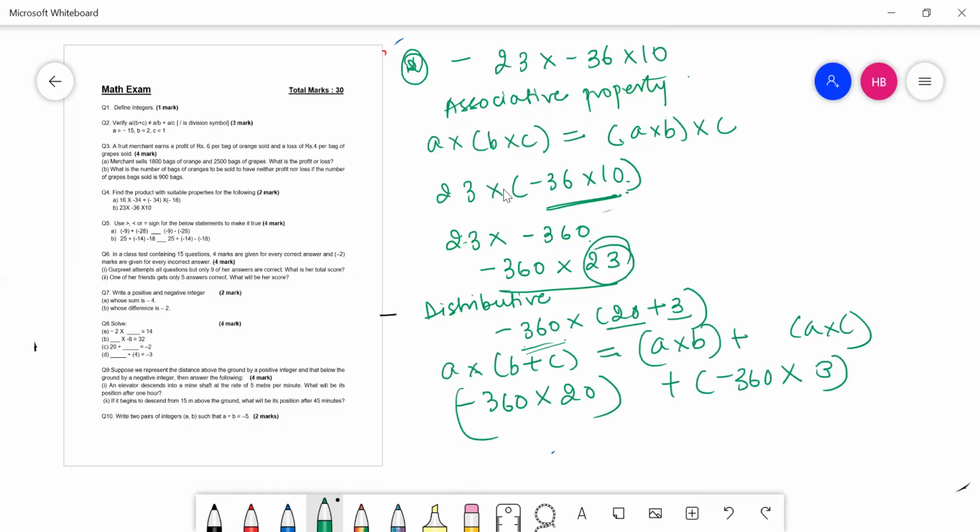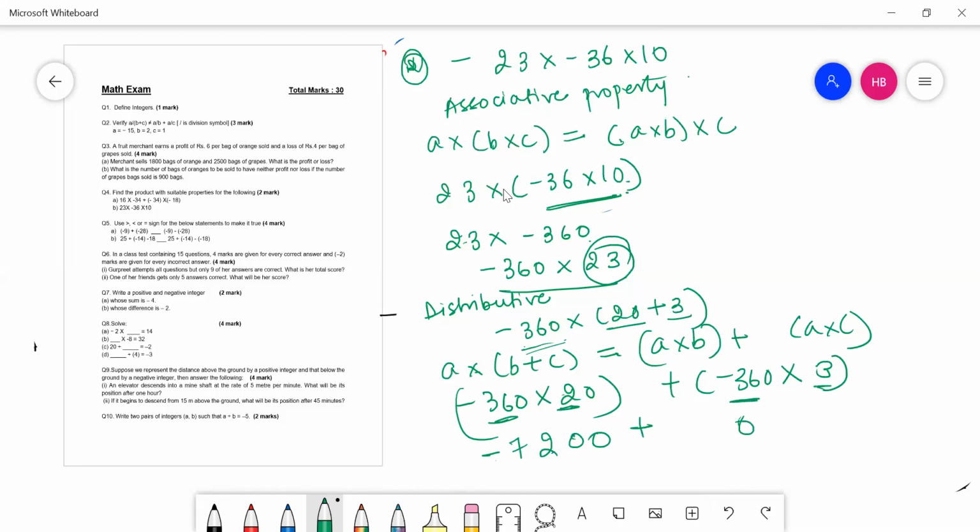I'm just going to do 36 into 2, which will be 72, and I'm going to just add two zeros here, and minus into plus will give me minus. Plus again I'm just going to do 36 into 3.